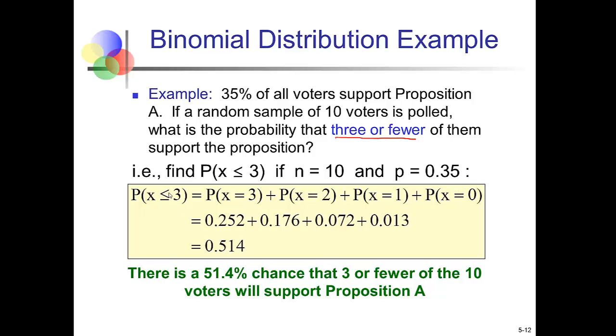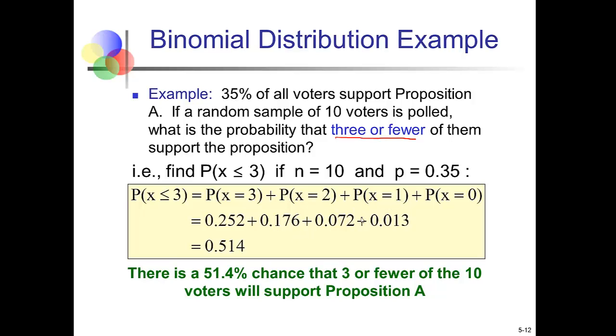To do less than or equal to 3, we actually have to add up the probability that we'd get exactly 3 voters, 2 voters, 1 voter, or no voters supporting Proposition A. So we'd actually have to calculate the individual probability of exactly 3. Well, we did that before and we got 0.252. The probability of exactly 2 voters supporting the proposition happens to be 0.176.